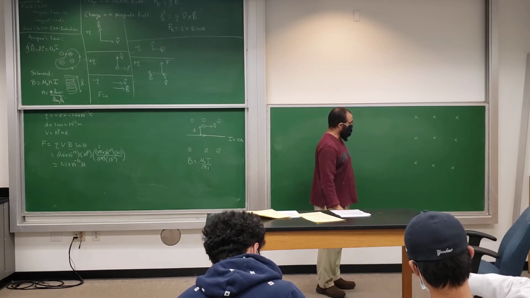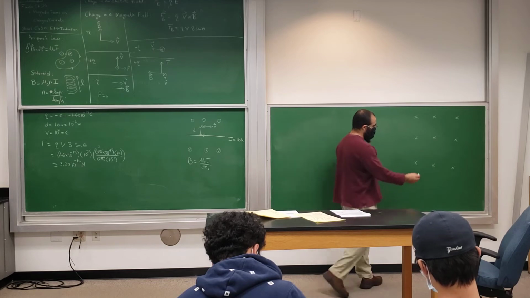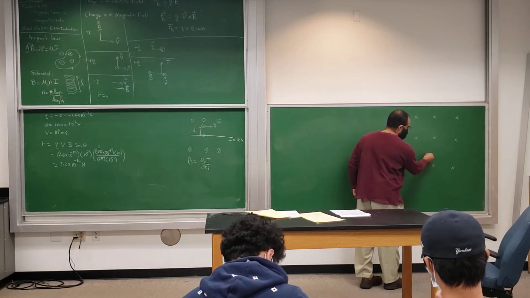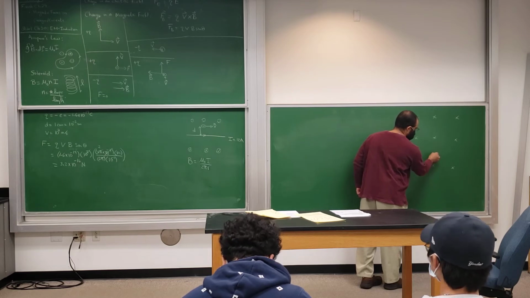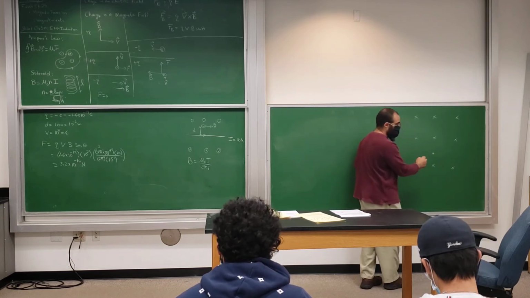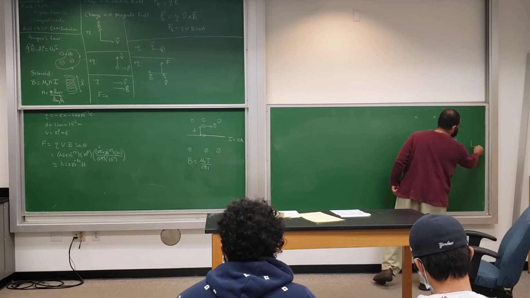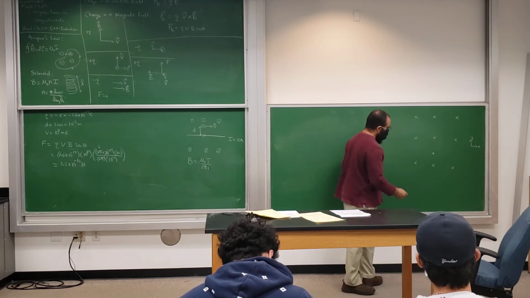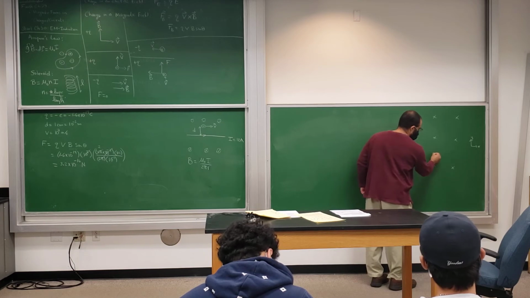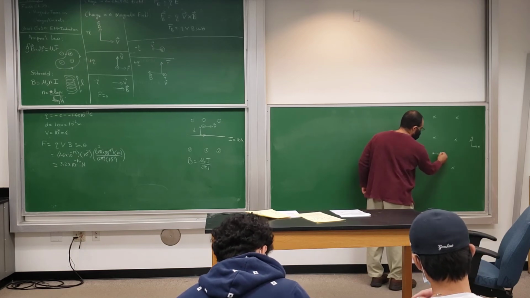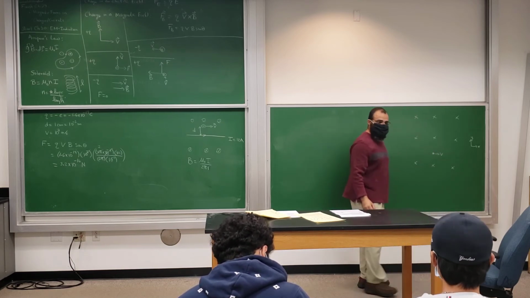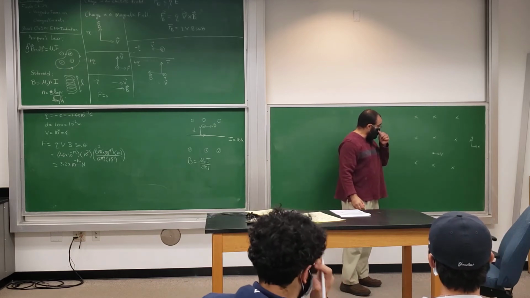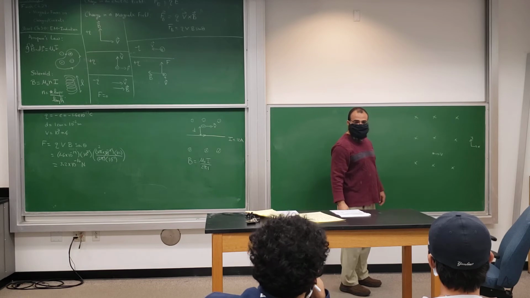Now, suppose you have a charged particle, Q. And by the way, here is my X, Y, Z. At this moment, the particle is moving at a certain speed V. In what direction would the force on it be if the charge is positive?